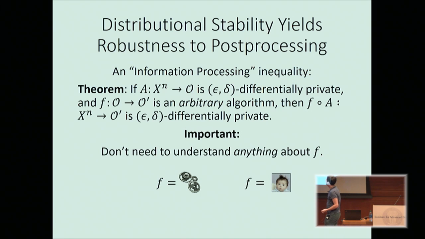And what's going to be especially important to us is that we have to understand nothing about f. This claim is quantified over all f, and so it holds if f is a precisely specified procedure, but even if it's not.